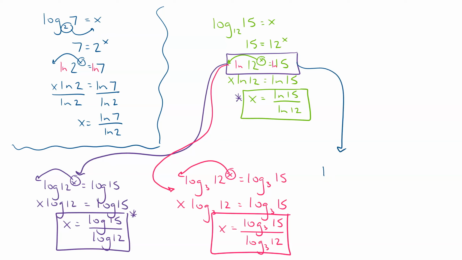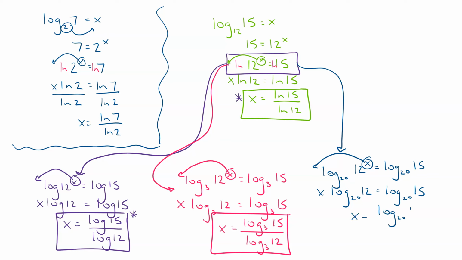This time let's pick, I don't know, let's go with say 20. Log base 20 of 12 to the x equals log base 20 of 15. Froggy jumps off the loggy. Divide. And we end up with the log base 20 of 15 over log base 20 of 12.